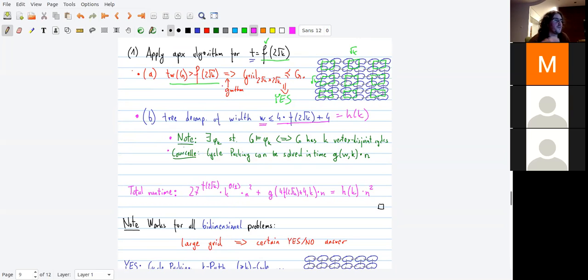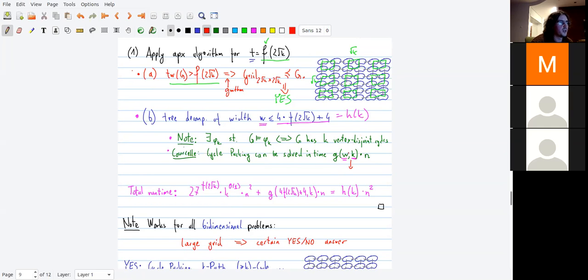And so from Courcelle's theorem, I can get an algorithm with running time some function of the width of the decomposition, which in turn is a function of k, and k, which is the length of my encoding of the problem.